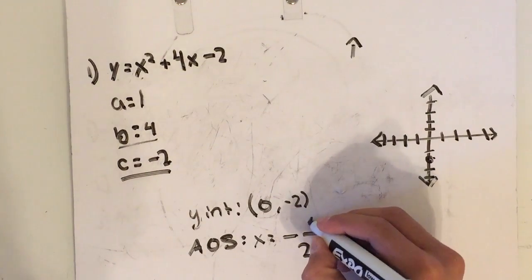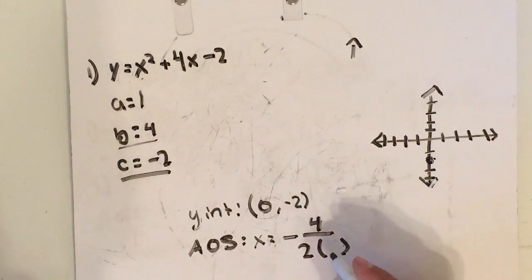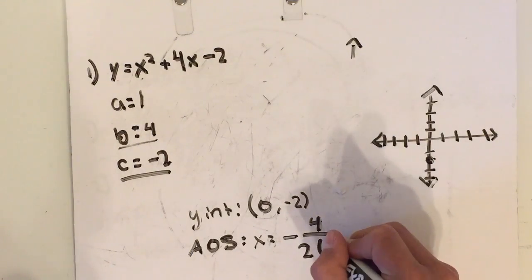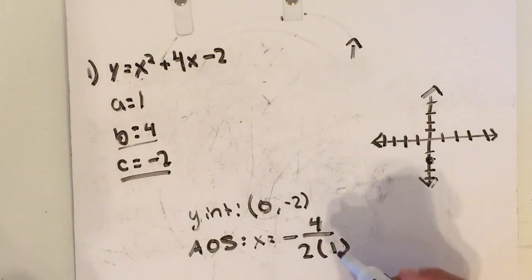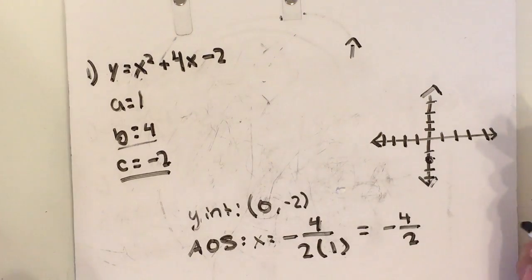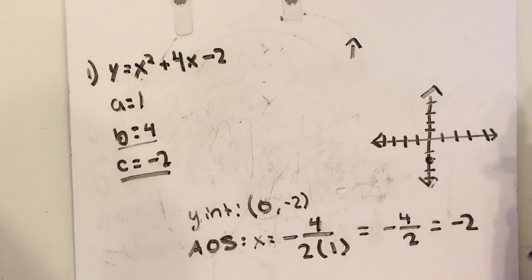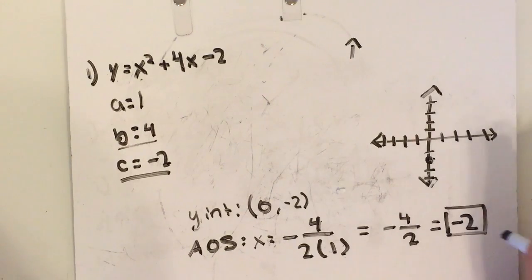And then our a, which we identified as 1, so our a is going to be a 1. If we solve this, we get negative 2. So this is our AOS.